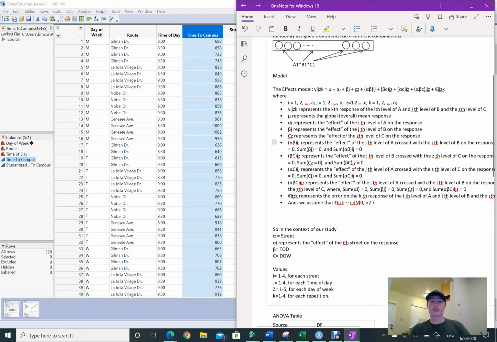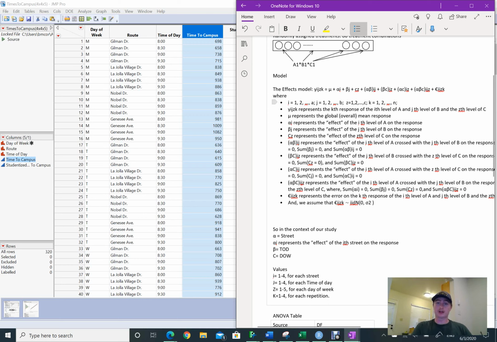So we're going to go into the effects model, and I'm just going to go through and explain what each of these would mean in the context of the study. Here we have our mu, which is our overall mean for the time taken to go to campus. And then our alpha i, beta j, and C z are our factor effects.